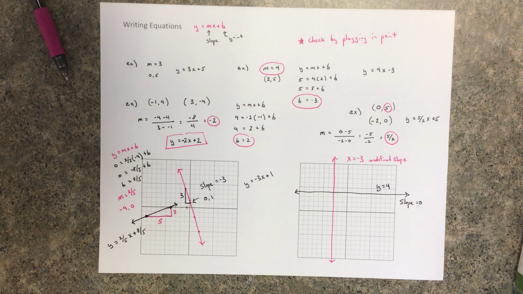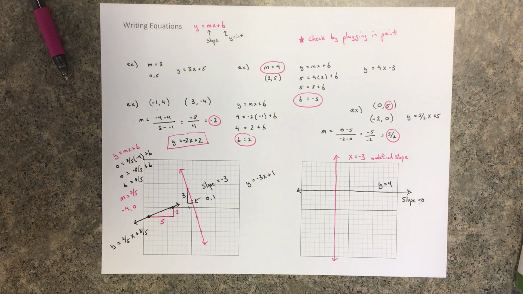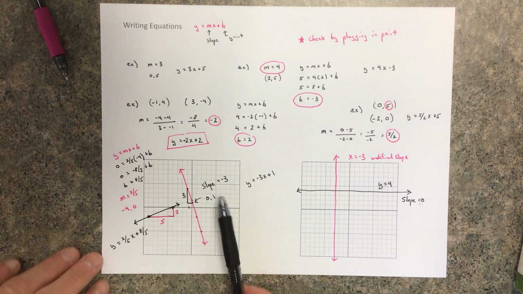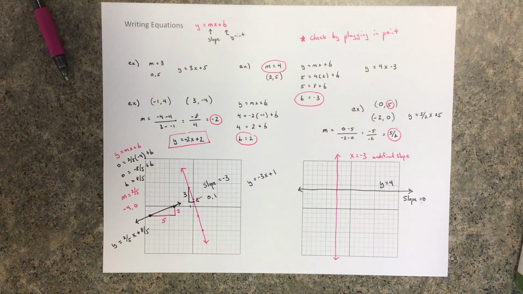Okay, hopefully this video helps you write the equation of a line given a graph, given 2 points, given an intercept, or just given like the slope and the intercept. There are other methods like point slope, but for you guys, I think you probably really should just concentrate on getting very efficient at using y equals mx plus b.